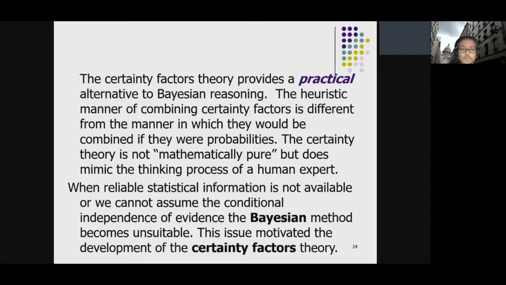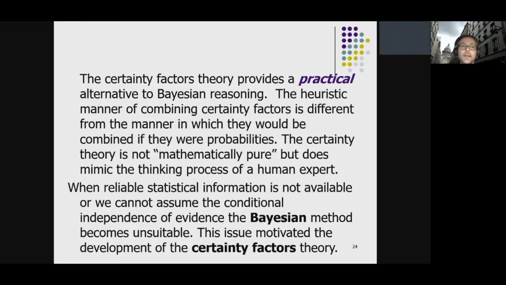As I said, one of the assumptions is that we have conditional independence among the different evidences that we have. So if this assumption does not hold, if we have a valid reason that this assumption is not true, then certainty factors theory is an interesting alternative.